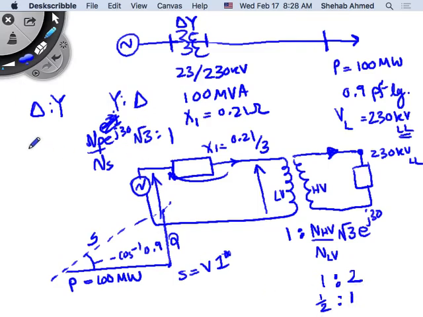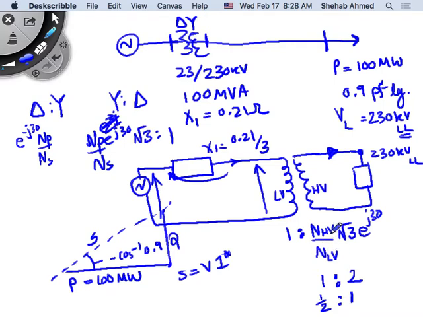I can do the same here. I can write for the delta that the delta is lagging by 30 degrees, e to the minus j30, and n primary over n secondary will remain the same, and that's why I told you it's better for me.